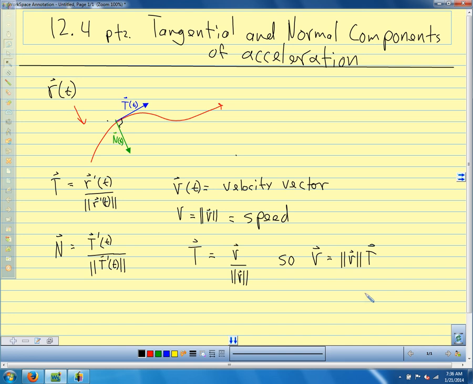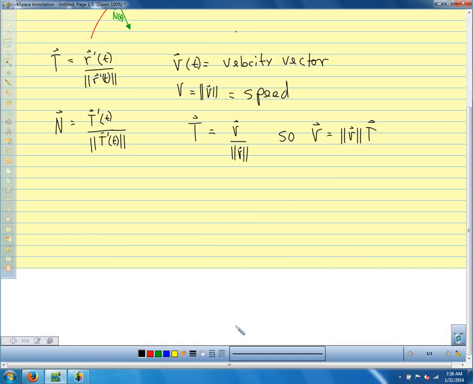And what we're going to do is differentiate this expression to come up with an expression for our acceleration. So I'm going to differentiate this quantity.